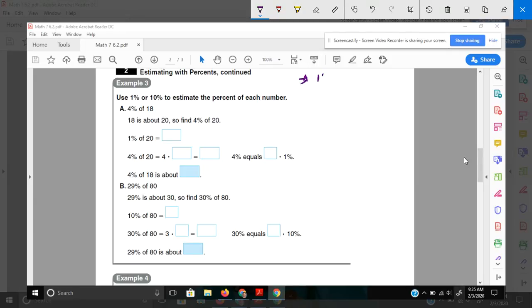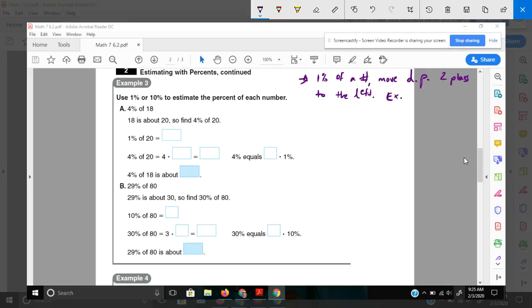To find 1% of a number, move your decimal point 2 places to the left. Okay, and I'll give you an example.